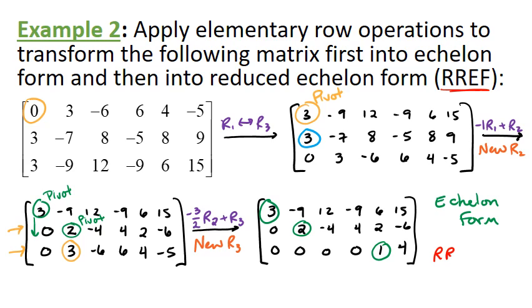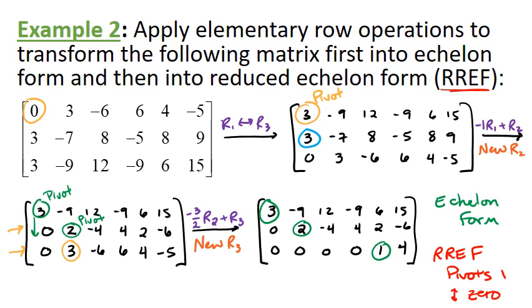So to get to this, oh goodness, I need the pivots to be 1, and everything above and below the pivots needs to be 0. Now to do this, it's often helpful to start with the rightmost pivot and work up and to the left, creating the zeros above each pivot.